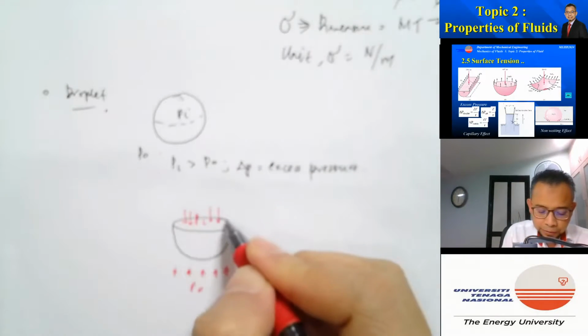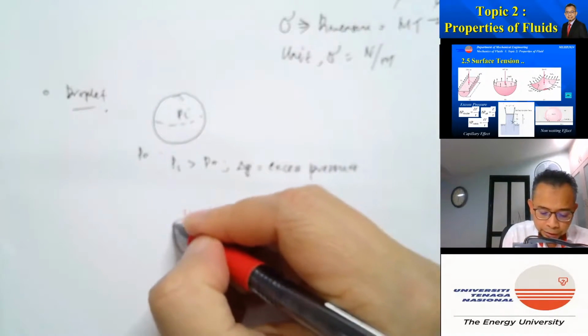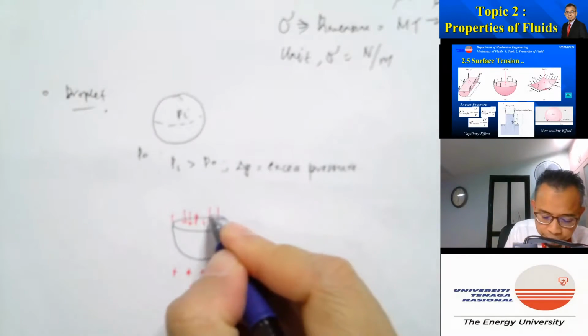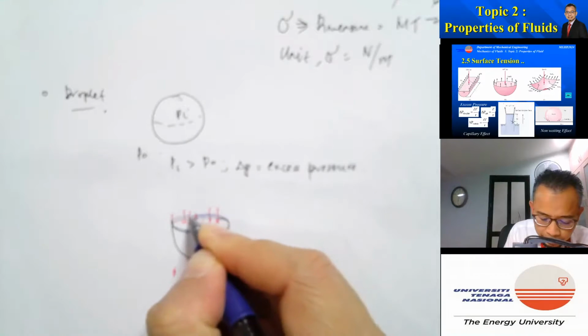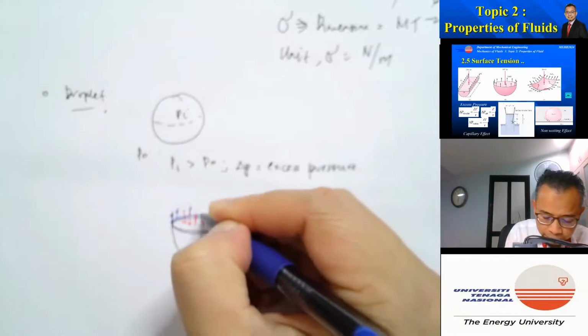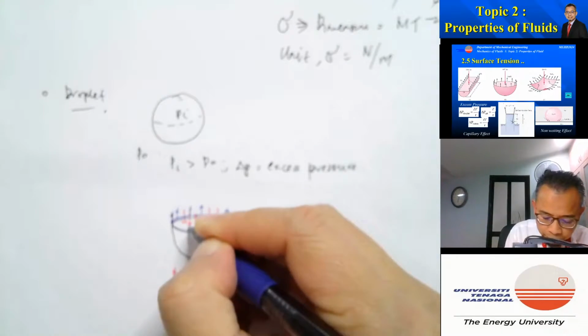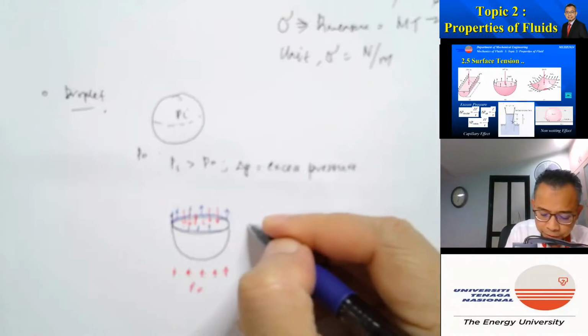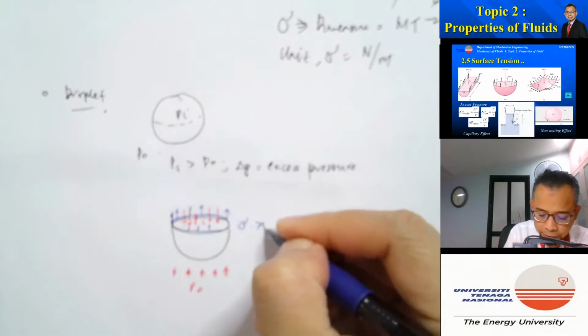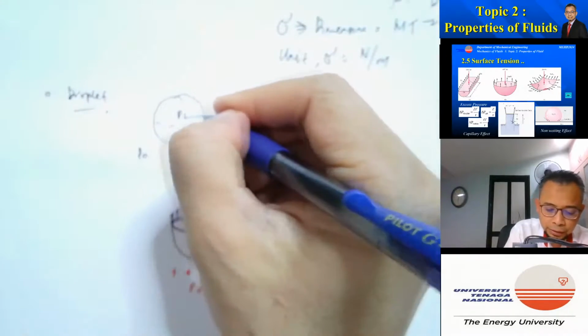Then on the surface which has been cut, there will be a surface tension force along this line, and the value is sigma multiplied by 2 pi r, where r is the radius.